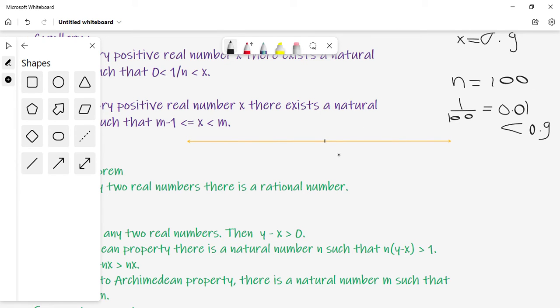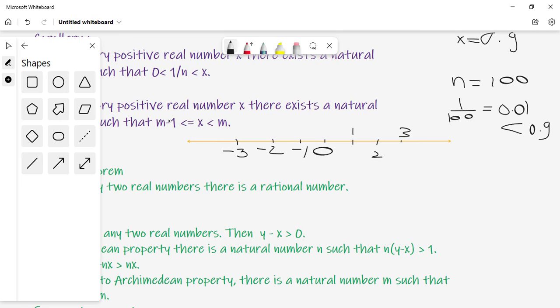You can see this is our 0. You can go for 1, 2, 3, and so on to this side. Here it will be minus 1, minus 2, minus 3, and so on.